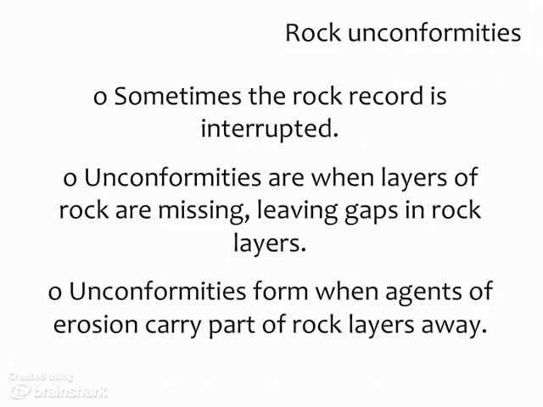A lot of times these happen because of a little force we know of as erosion. So maybe there were rock layers there before, and perhaps something like, I don't know, the Colorado River comes through and makes a big gap in the rock layers called an unconformity.